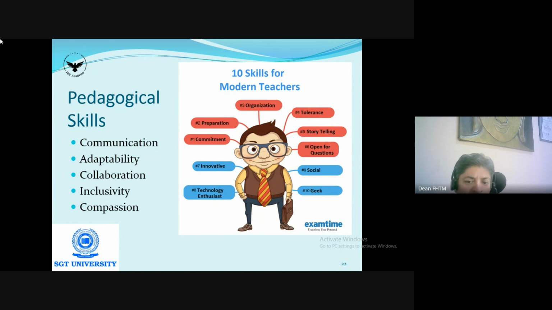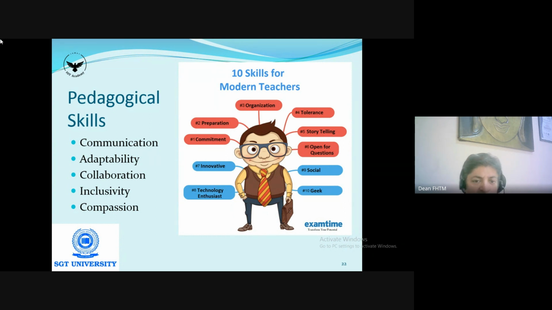You need to be innovative, have new thoughts, new problems, new solutions. You need to have a lot of commitment, because you know the current day students are very challenging to engage. There's a lot more preparation you need to take into the classroom. You need to be well organized. You need to be very tolerant, because a lot of unexpected things will happen.